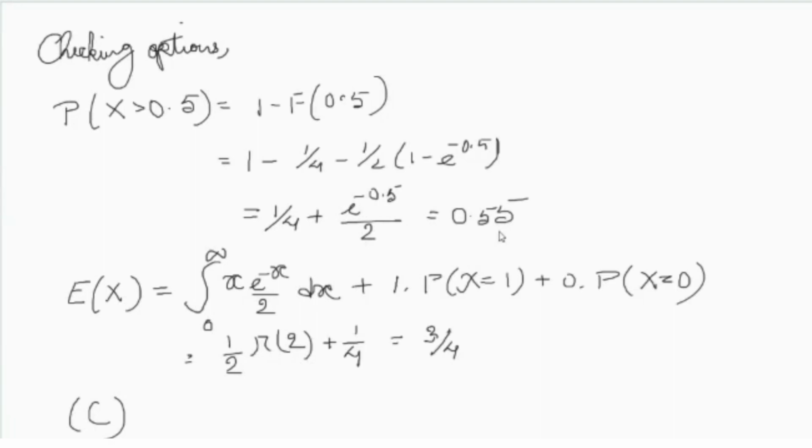And expectation of X is the sum of x into probability X equal to x at the discrete points, that is 1 and 0, plus simply integrating from 0 to infinity x into f_X dx, since f_X is e to the power minus x by 2 in this range. So that comes out to be half of gamma 2 plus 1/4, which is simply 3 by 4.